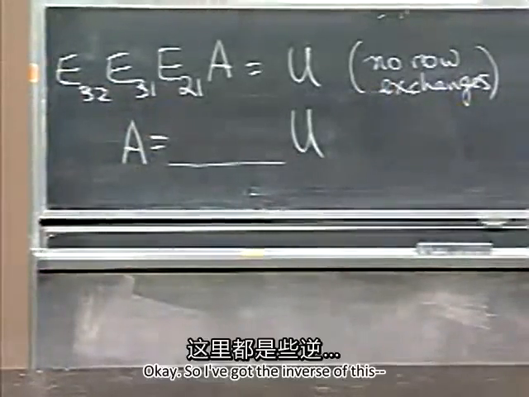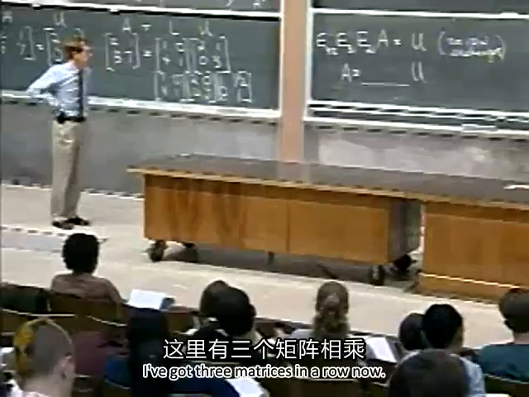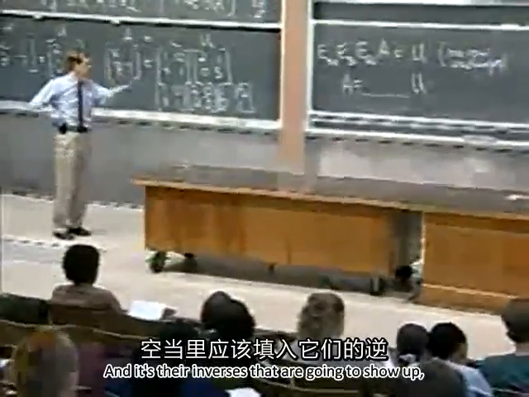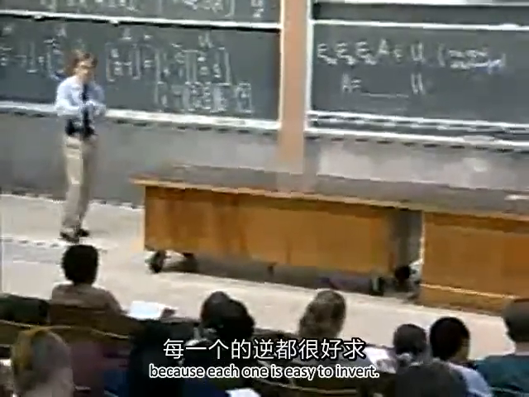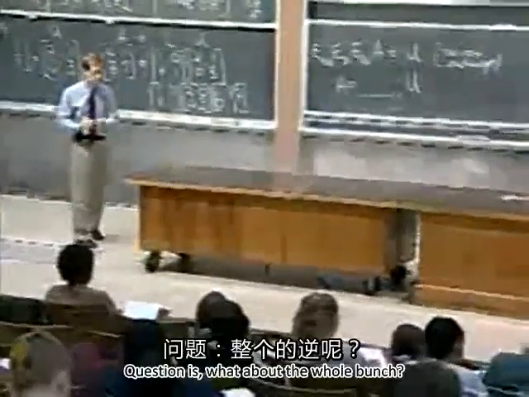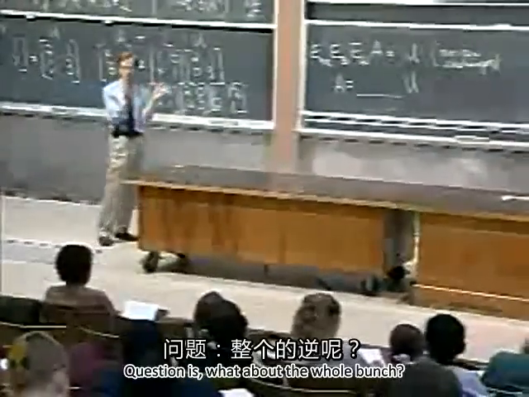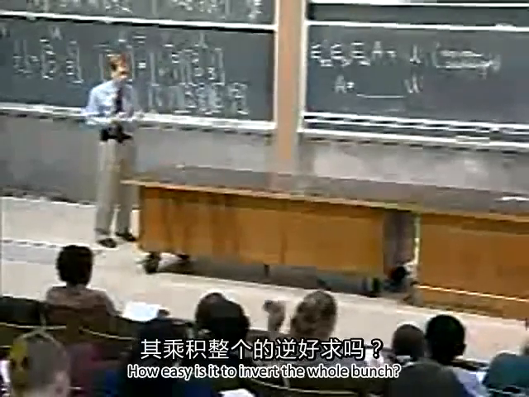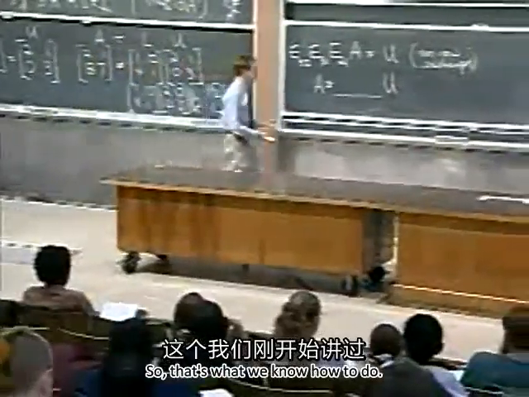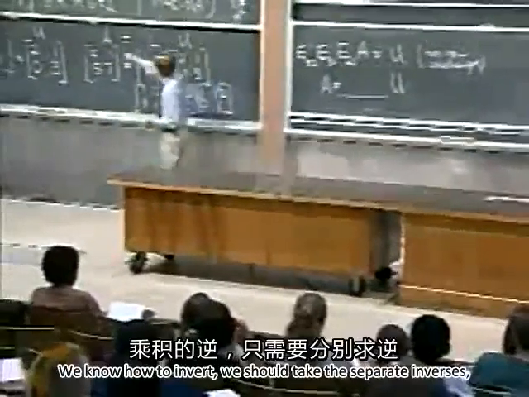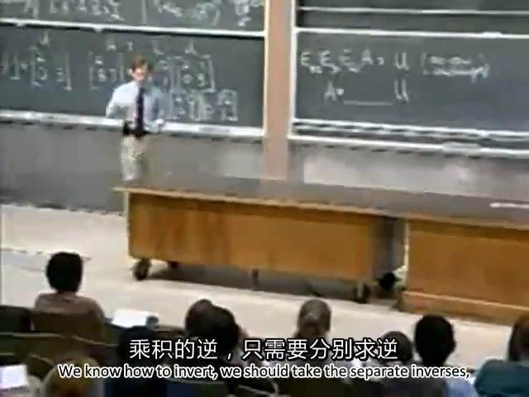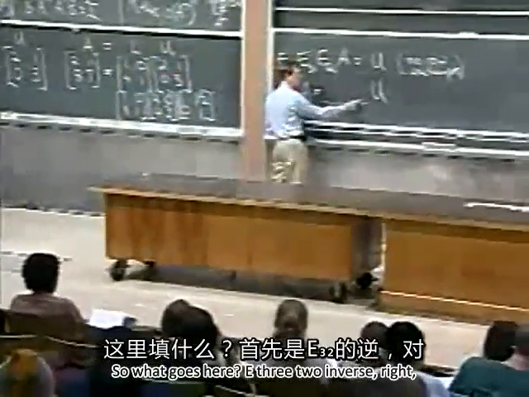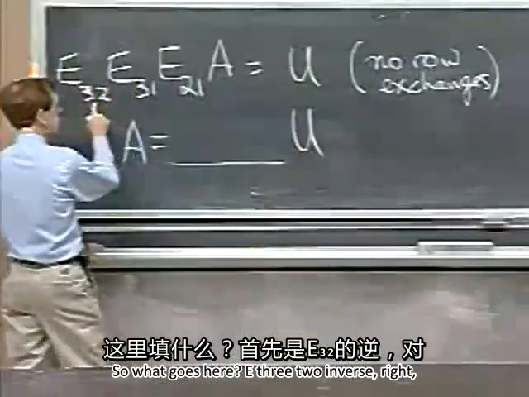Okay, so I've got the inverse of this. I've got 3 matrices in a row now. And it's their inverses that are going to show up, because each one is easy to invert. The question is, what about the whole bunch? How easy is it to invert the whole bunch? We know how to invert. We could take the separate inverses, but they go in the opposite order. So what goes here? E32 inverse.